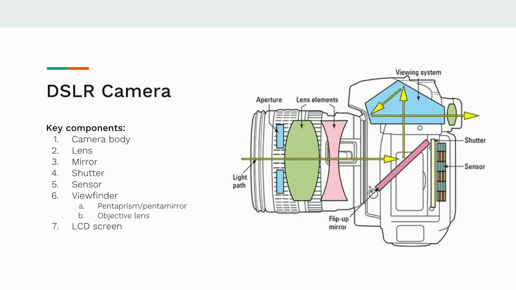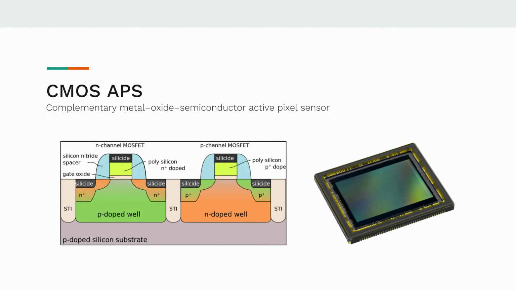Number 6 is the viewfinder, which comprises the pentaprism and pentamirror, as well as an objective lens, to allow the photographer to see the scene in front of him. And last but definitely not least, the LCD screen, which is used for image playback, video recording, etc.